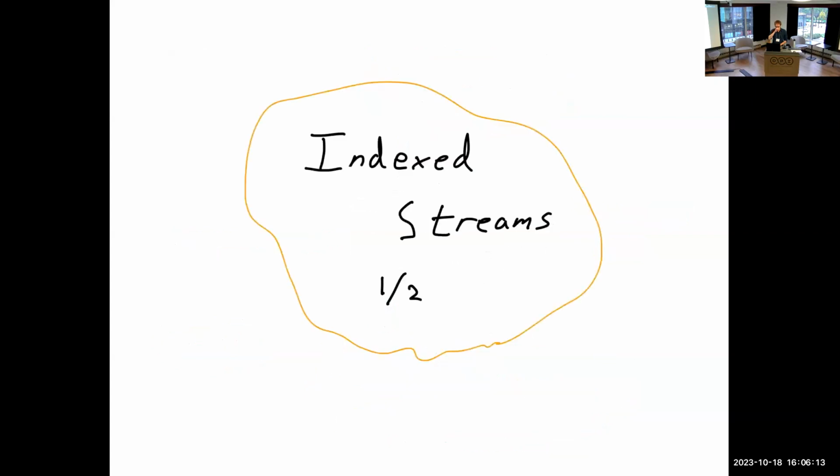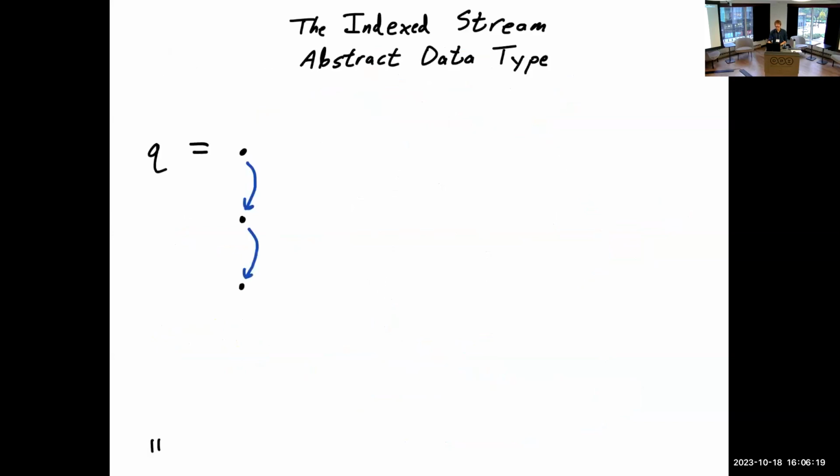Now I'm going to talk about two aspects of index streams. First, I'm going to give basically the definition. An index stream is essentially an automaton or a transition system, and I'm going to draw a few on these slides. Here I want you to think of this as a state machine that has three states and two transitions between those states.